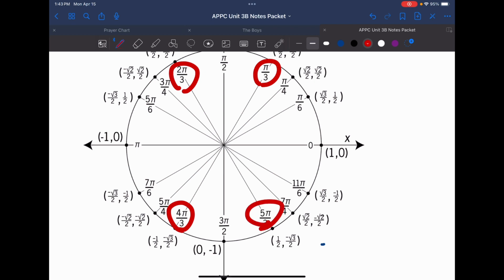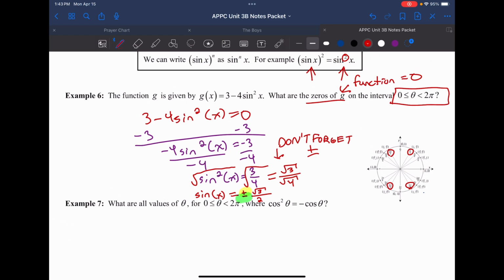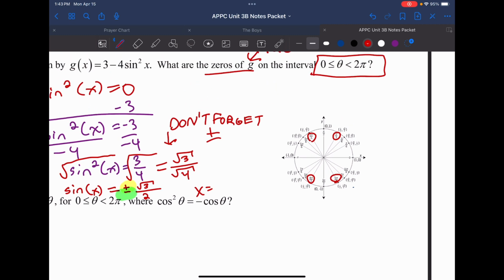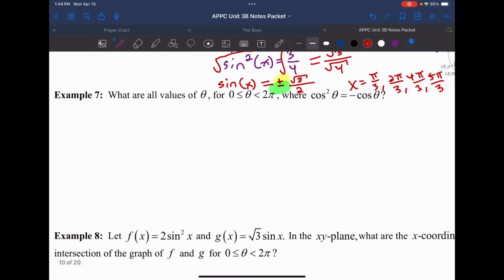What you'll notice in a lot of these where you have to work with squared is that it's going to have the same denominator the whole time. And because it's in the domain restriction here, I don't have to write out the crazy version. I don't have to do the plus 2 pi k. I just have to write x equals pi over 3, 2 pi over 3, 4 pi over 3, and 5 pi over 3.